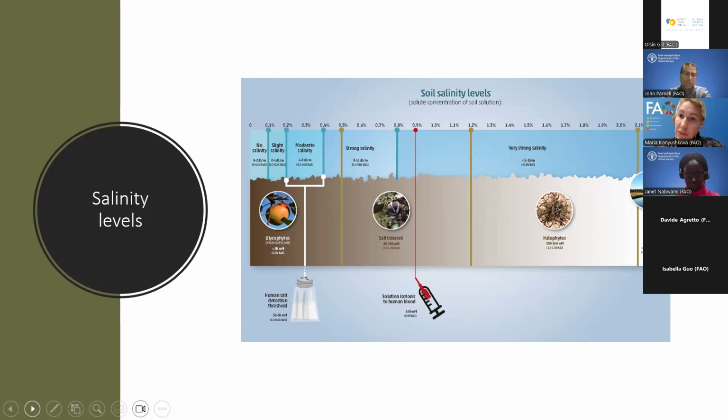In extremely saline soils, only the plants called halophytes can grow. What is specific about these plants is that they have increased production under higher salinity levels, which means that these crops love salinity. But when we continue increasing the salinity levels in soils, even halophytes cannot grow, and only specific crops, which are called euhalophytes, can grow.